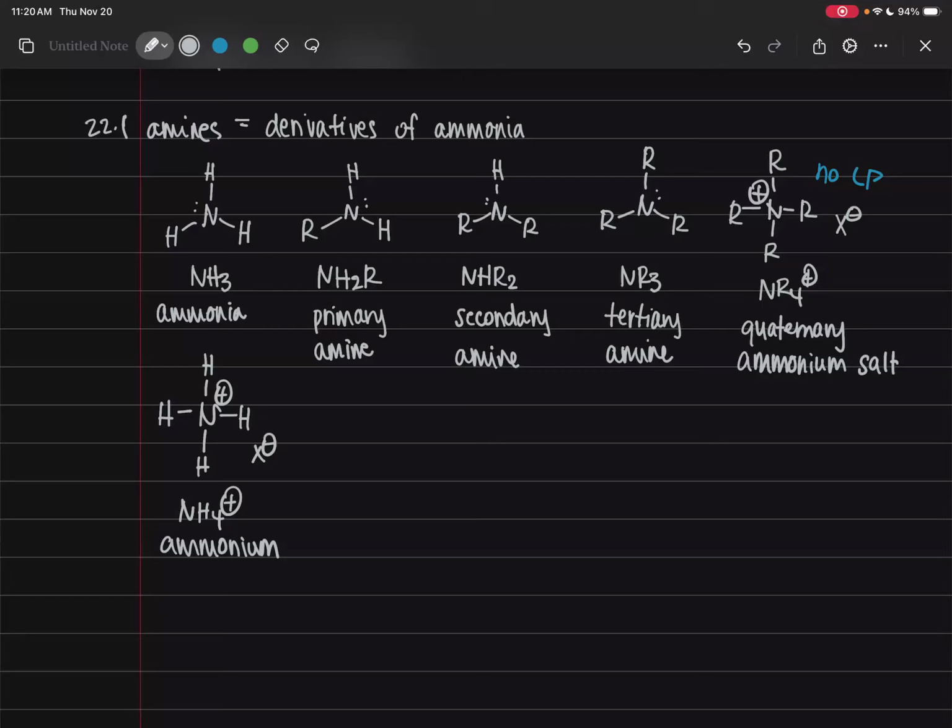So I've only drawn NH4 plus and NR4 plus, but of course you can add another hydrogen or another R group to any of these in the middle and make these mixed quaternary compounds.